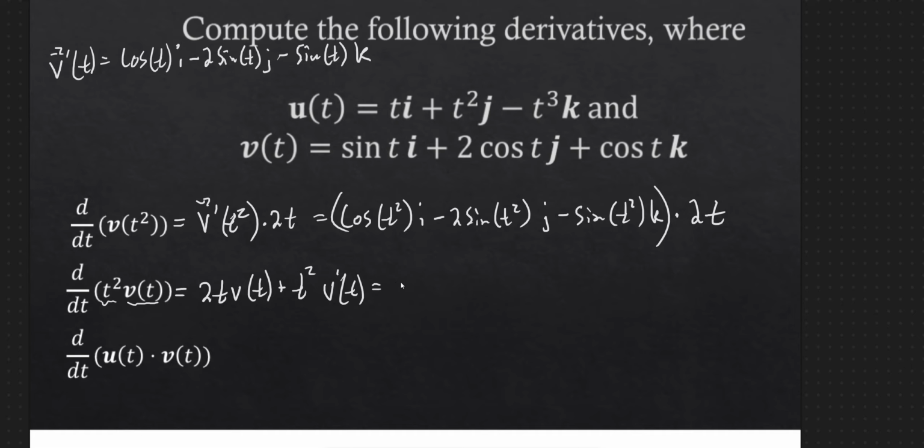So I'll get 2t sine of t in the i direction plus 4t cosine of t j direction plus 2t cosine of t in the k direction plus t squared times v prime.